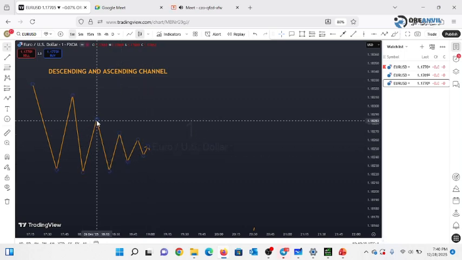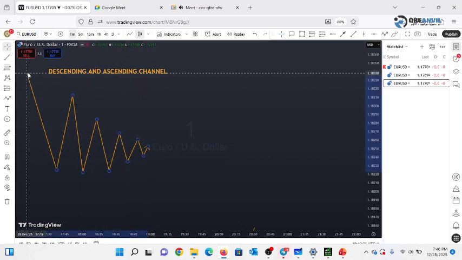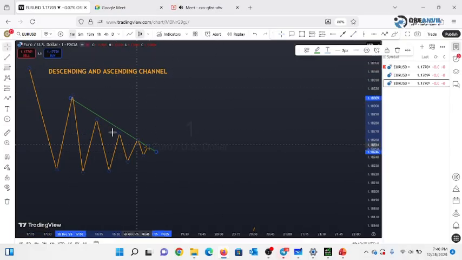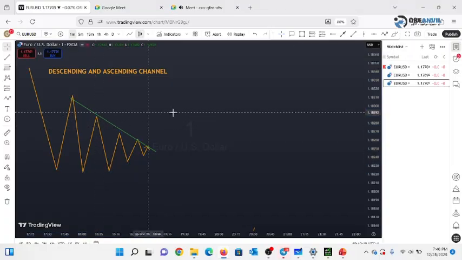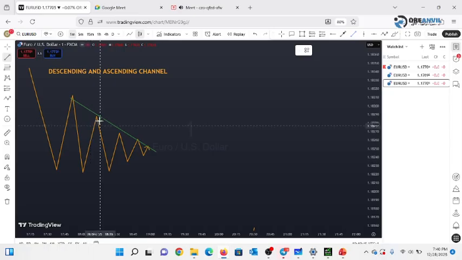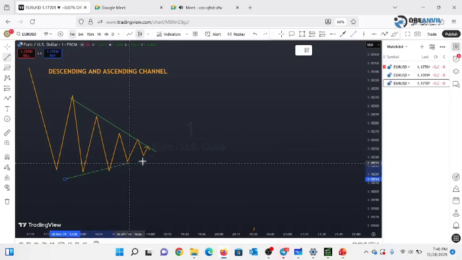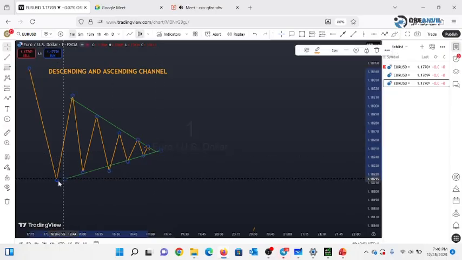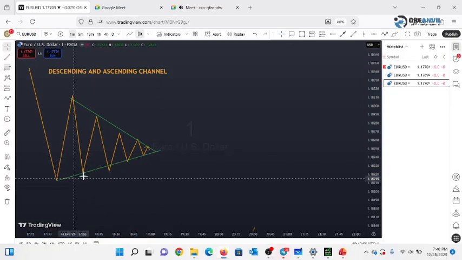So when you see a pattern like this in the market, you should be able to mark it. You take your trend line and you mark the tops of these candles together, and you mark the lows of these candles together.